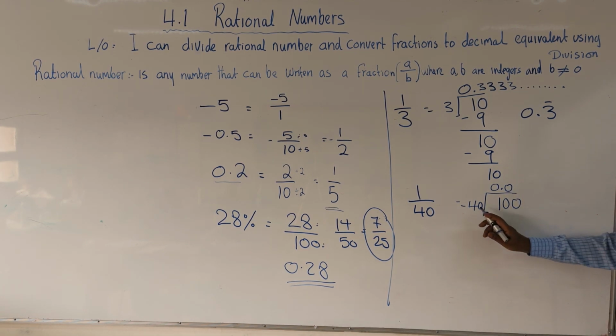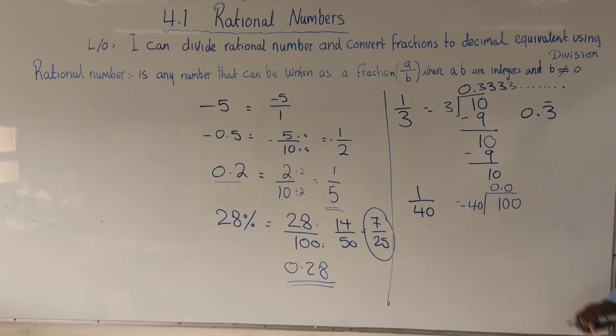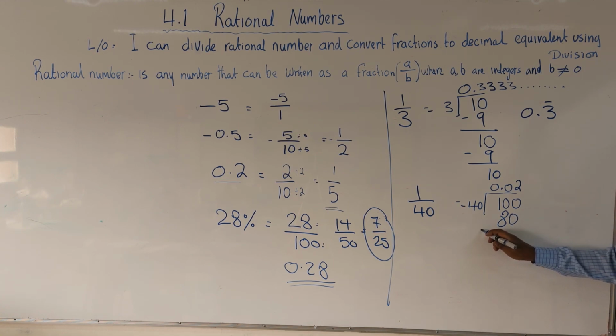Now you say, how many 40s are in 100? 2. So we put 2 there. 2 times 40 will give us what? 80. We have 80 there, and then we subtract. What is 100 minus 80? 20. So we put the 20 here now.